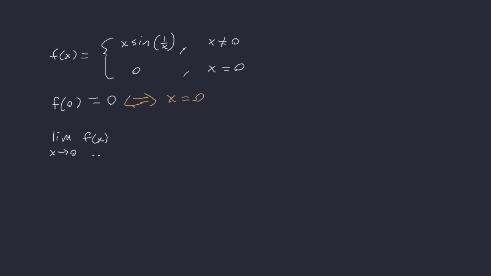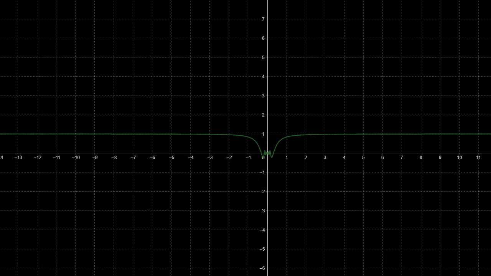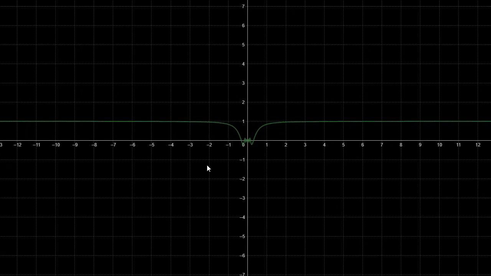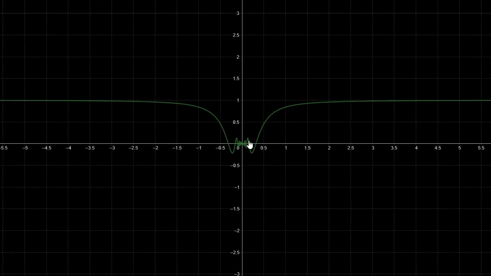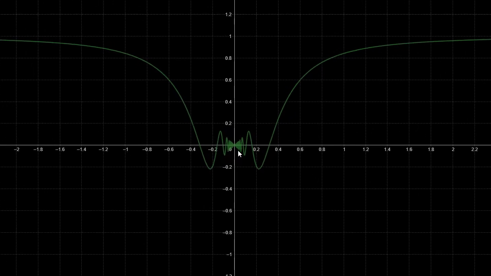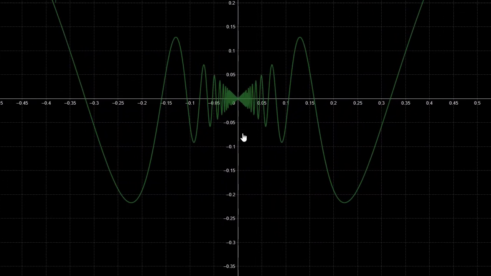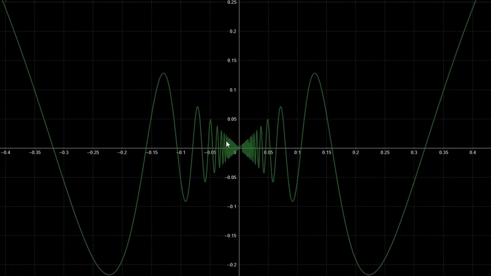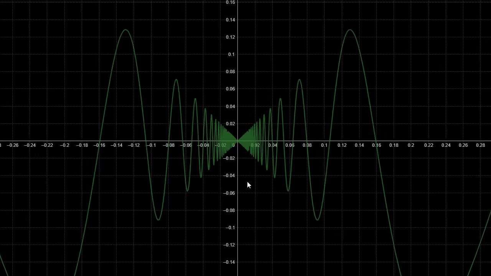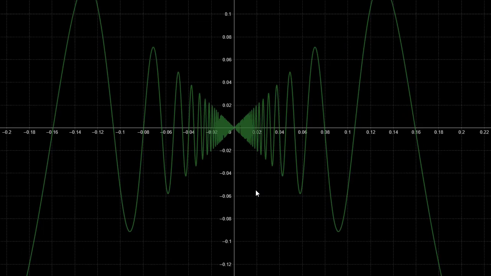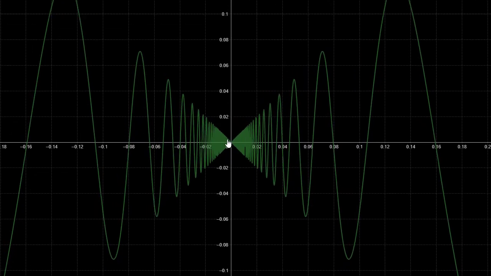So the reason I'm doing this, if we look at the graph of this function, here's the graph of this function using my graphing software, and if we were to zoom way in, okay, the question is, well, is this function continuous at 0?